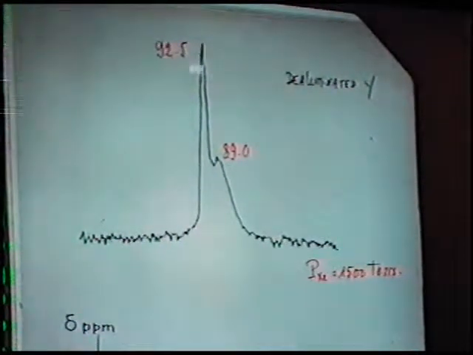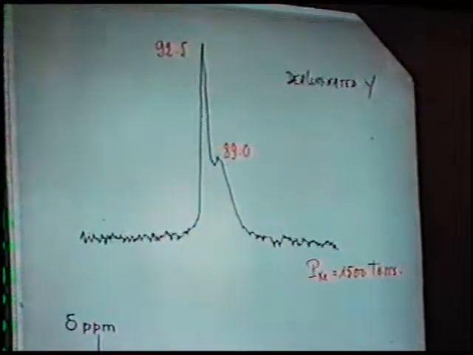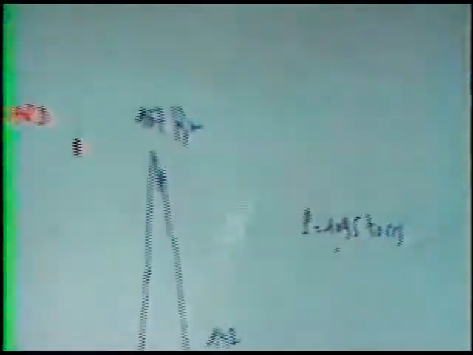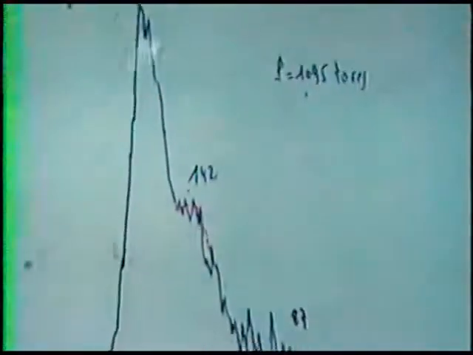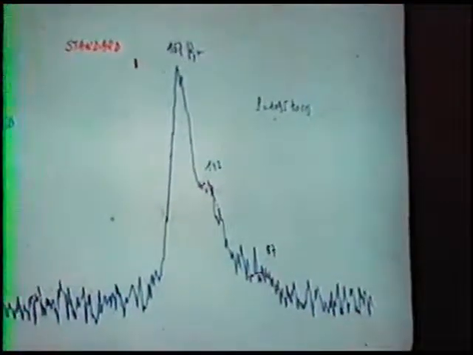We see that we have the main signal corresponding to xenon located in the very well formed supercages, and in addition we detect another one corresponding to the structural defect, that is to the secondary porosity due to the dealumination. Another example concerns the mordenite, the dealumination: we have the main channel and an additional signal corresponding to the structural defect.